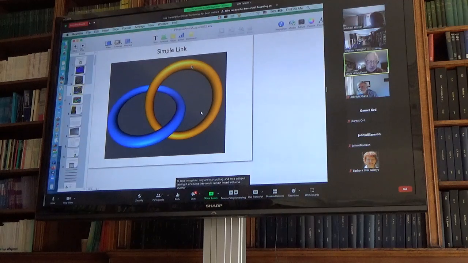And in fact, there's something you can count. You can count how many times the golden ring goes around the blue ring, and as you see, it's once. And if you count in the correct way mathematically, it will always come out once, even if you add a more complex, deformed version of it. So there is a notion of linking number.